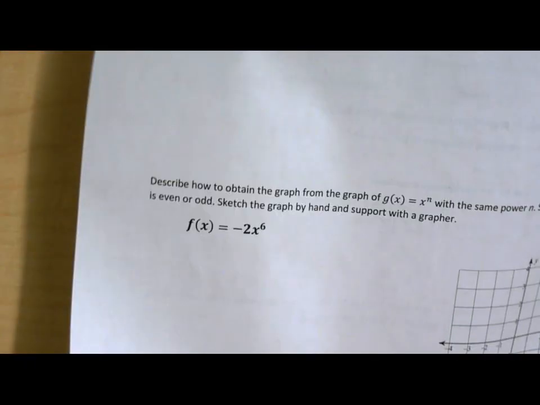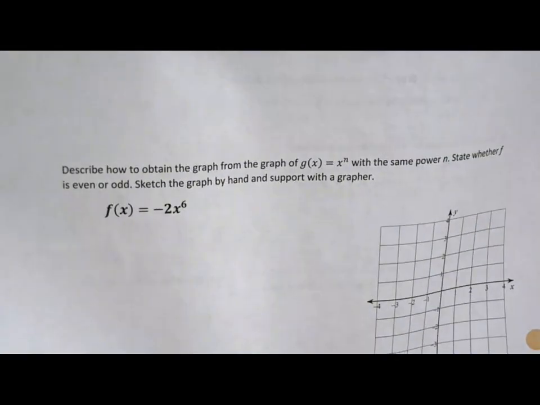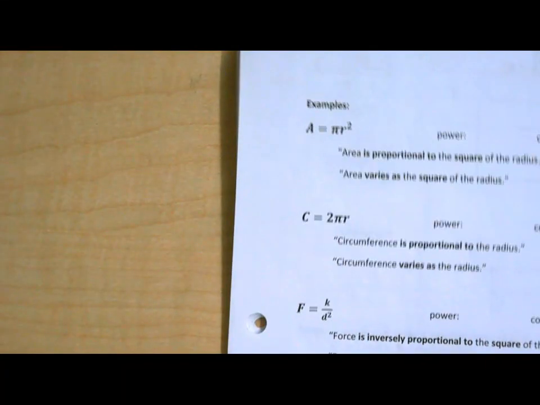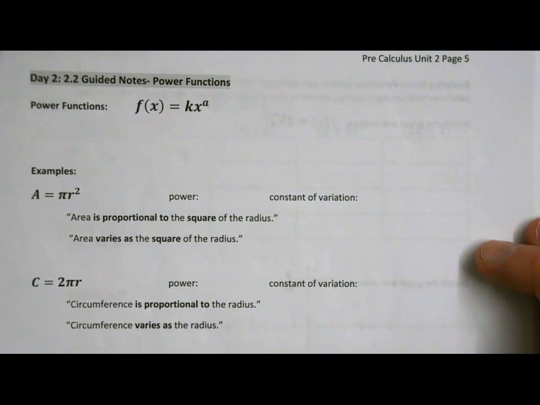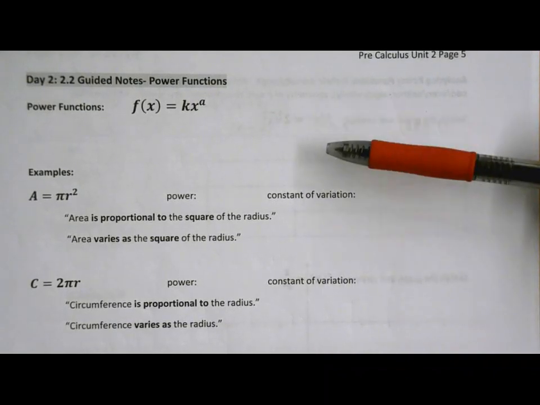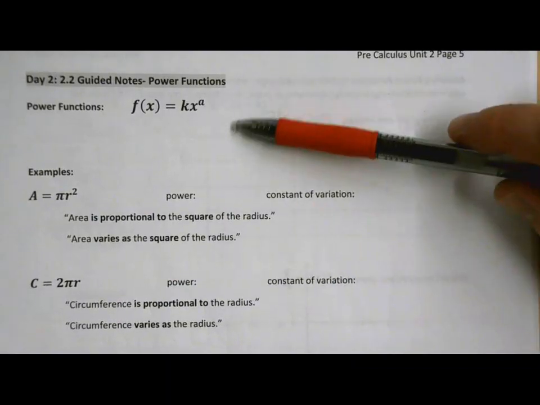And then we're also going to practice doing some transformations by hand. By now that's probably going to be pretty easy for you. The new stuff has to do with power functions. I'll be honest, this stuff is not the most important thing that we're doing. Really, the second page is, but I do want to introduce you to the concept of a power function.